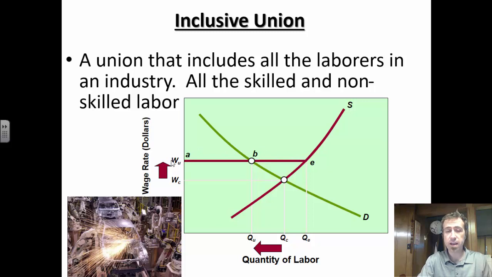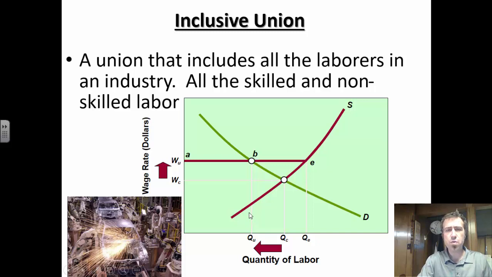And so it acts like a minimum wage law. And so again, there are reduced workers being hired. There's actually a lot more workers able to work, but there's only so many hired. So that's an example of an inclusive union.